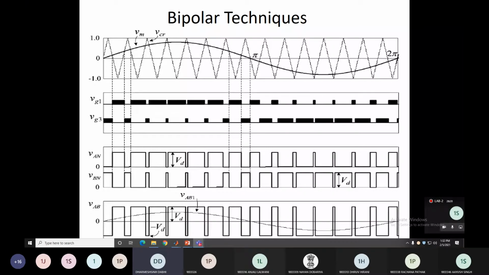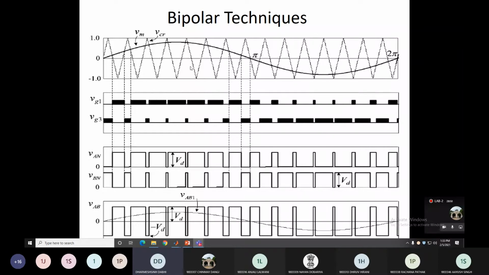So what is the frequency? 15 multiplied by 50, yes or no? So how much? 750. It is 750, yes or no? So here the frequency of the carrier signal is 750 Hz and the frequency of your reference signal is 50 Hz.